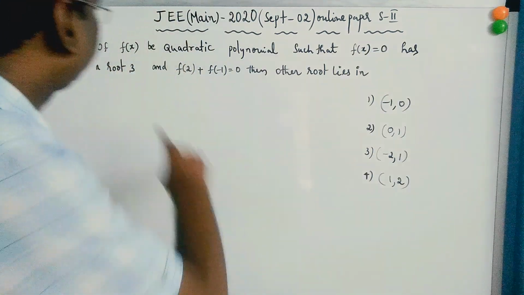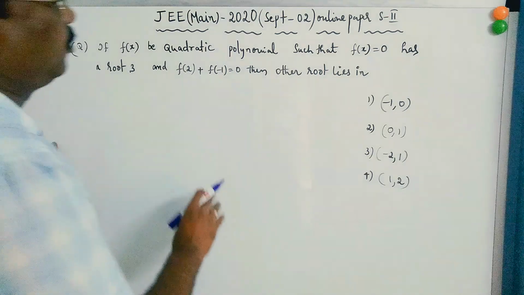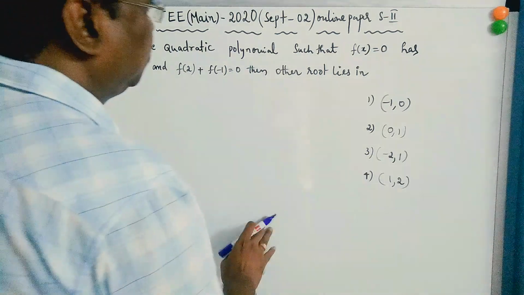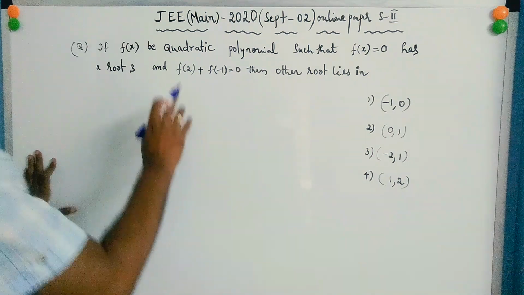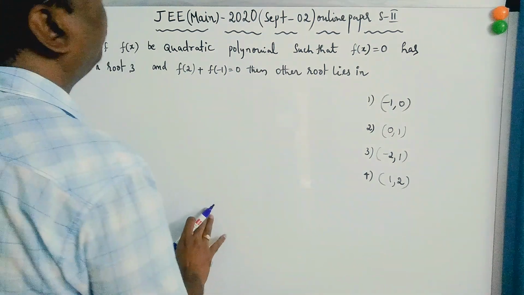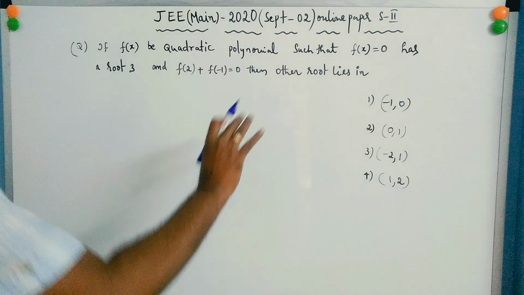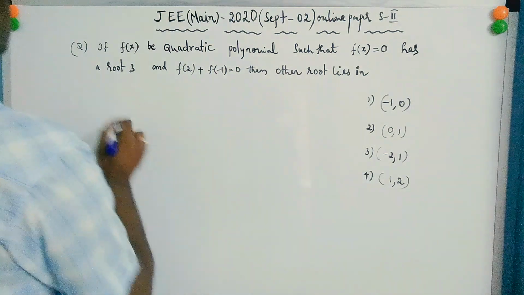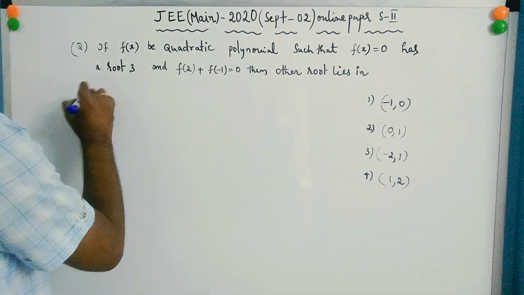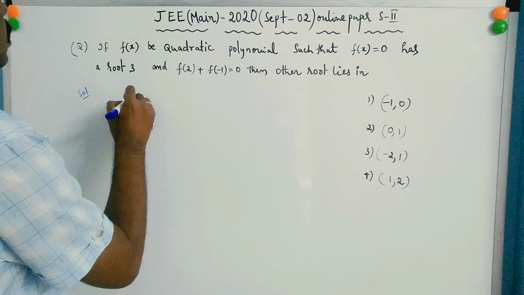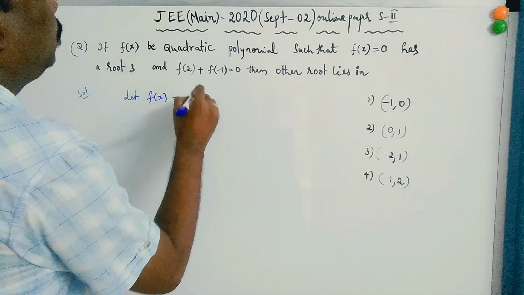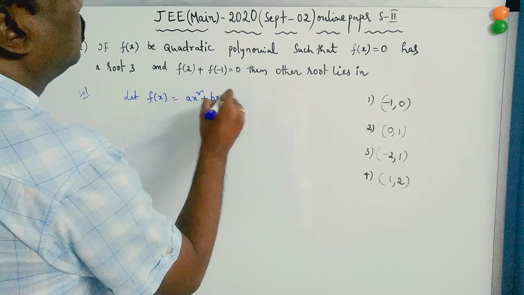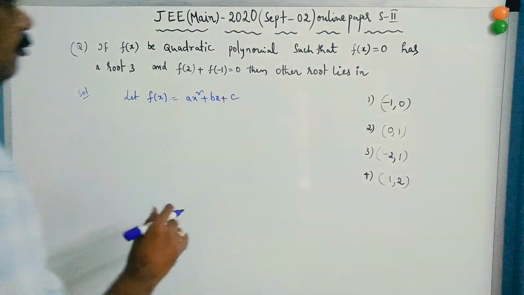Next one, if f of x is a quadratic polynomial such that f of x equal to 0 has a root 3 and f of 2 plus f of minus 1 equal to 0, then the other root lies in. Okay, let f of x is equal to ax square plus bx plus c.